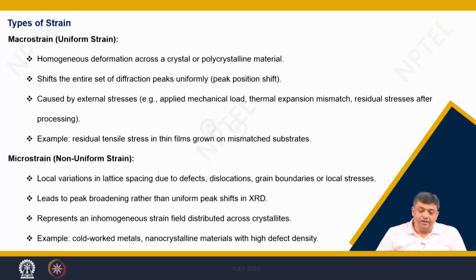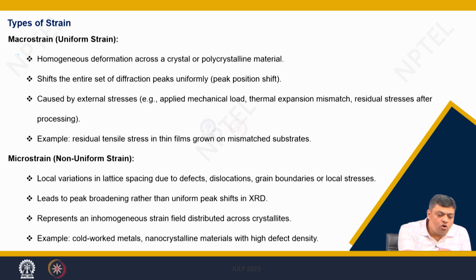So, we have seen that there are various factors which would lead to the appearance of strain, and that means you would also see that there are possibilities of various types of strains, and the commonly encountered strains are macro strain or micro strain.